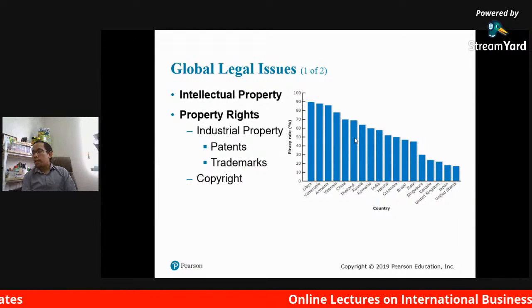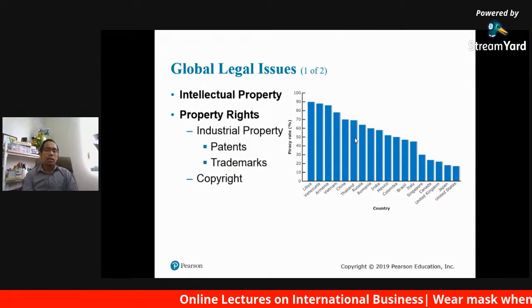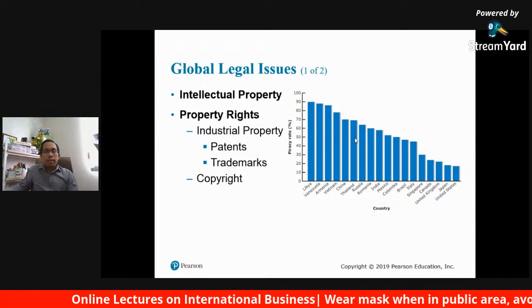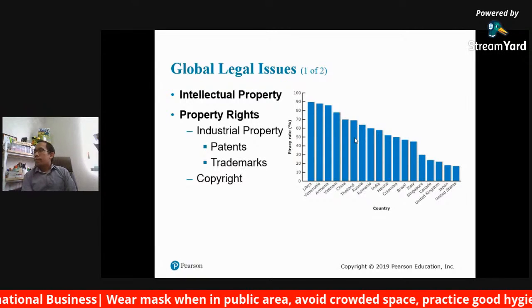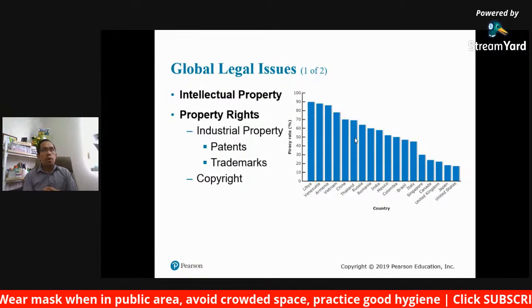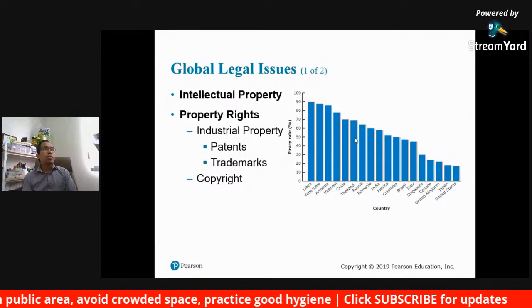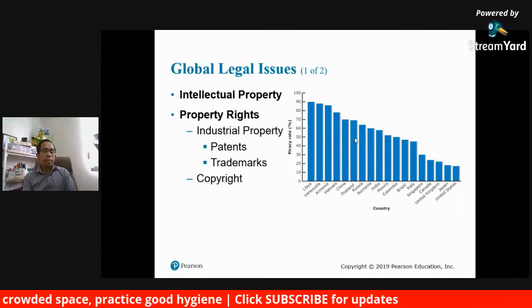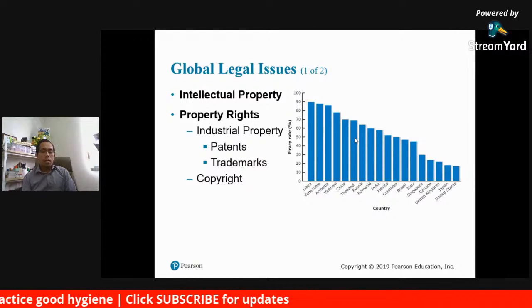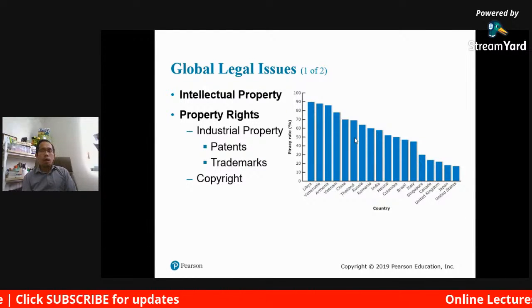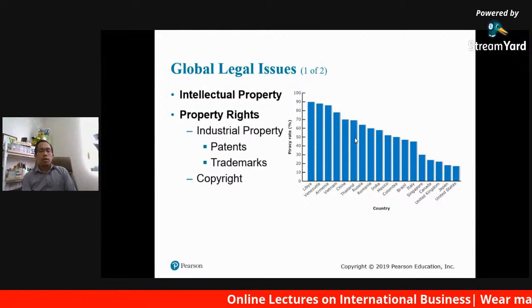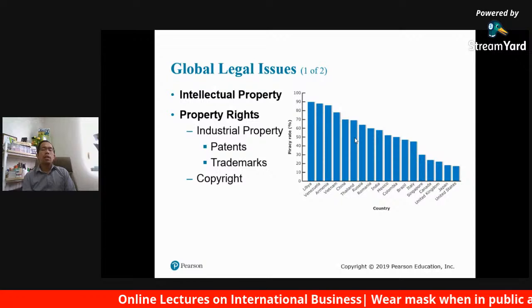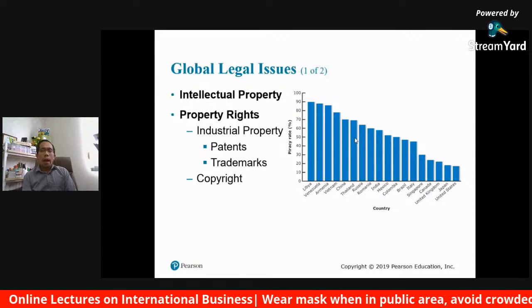We have two things that we talk about in this: industrial property and copyright. If you invent anything, whether a recipe or a product, you should patent your invention. Why patent?